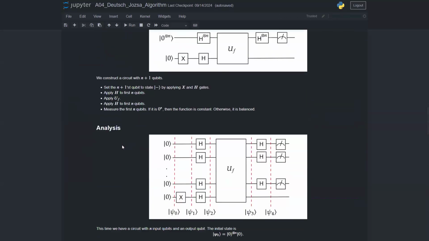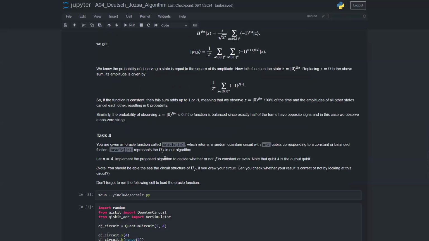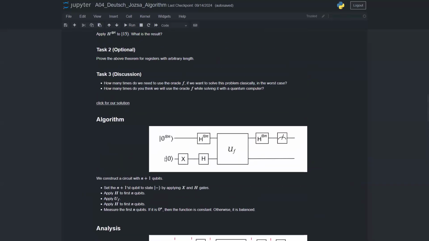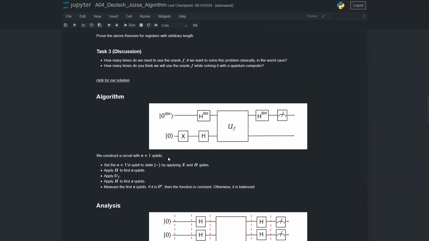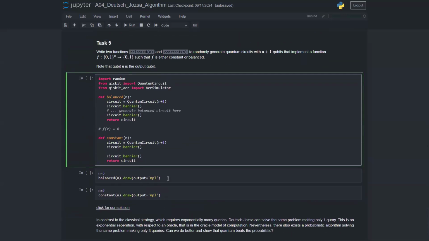Our algorithm is here, we're applying the U_f. If it is 0 to n, the function is constant if we get all zeros. But we would have gotten zeros anyway without changing anything. If f of x was 0, then we'll get zeros. That means we don't have to do anything actually.